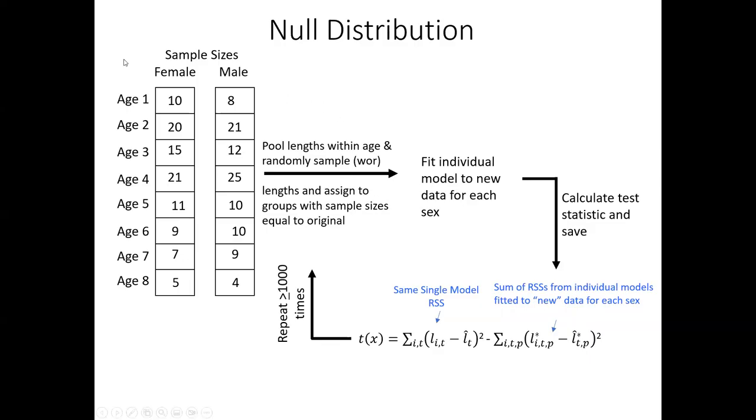So in the first case of age 1, you would have 18 individuals. You randomly pick 10 from the 18 and associate that back to the females, and those remaining 8 you would associate with the males.